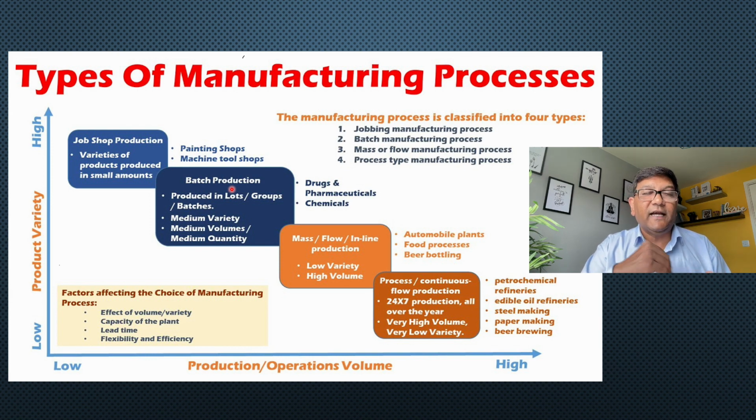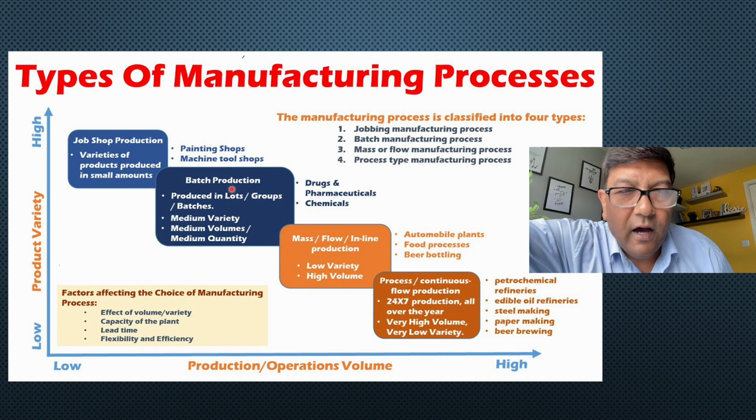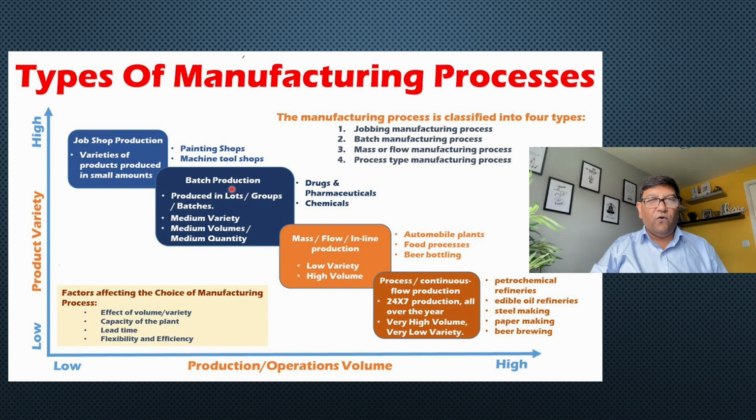Through that batch number, if there is any problem, we can always track it down to the material, the quality of the material, the supplier and all that. In a nutshell, the trend is that people are now looking for more and more variety because consumer behavior is changing.